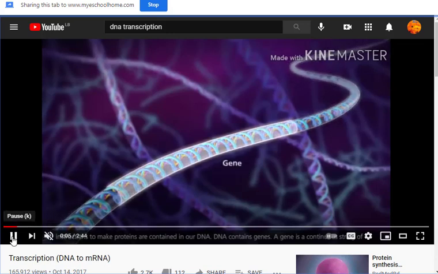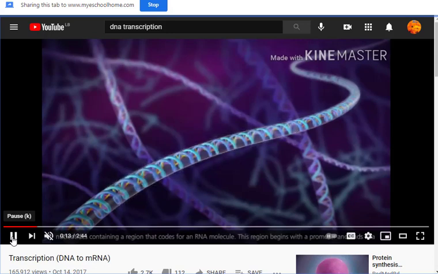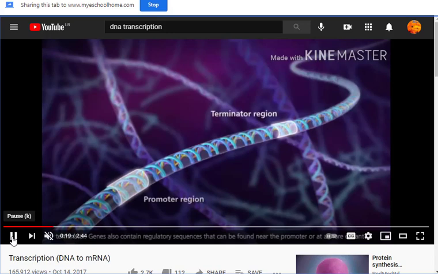Not all the DNA, I want a small piece only, the gene responsible for insulin. Now an enzyme called RNA polymerase comes and binds to the beginning of the gene, because every gene has a promoter, the beginning part, and a terminator, the final part.